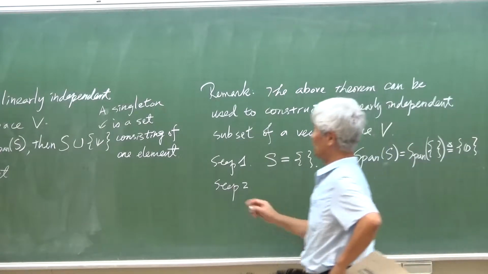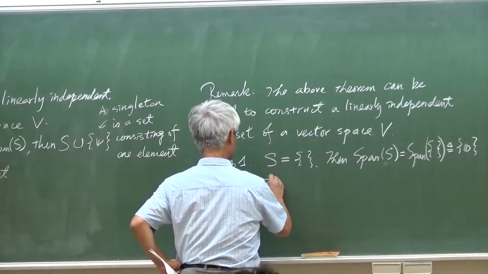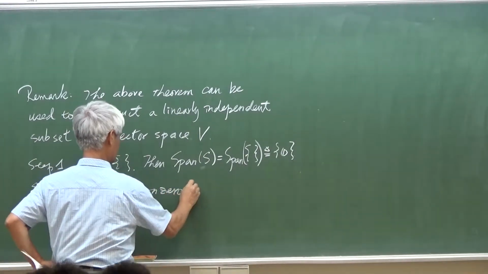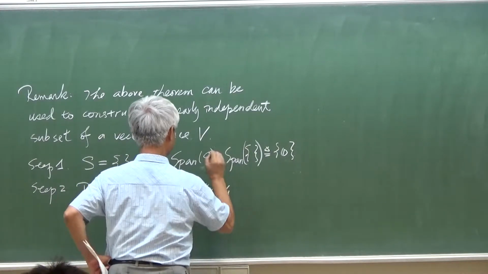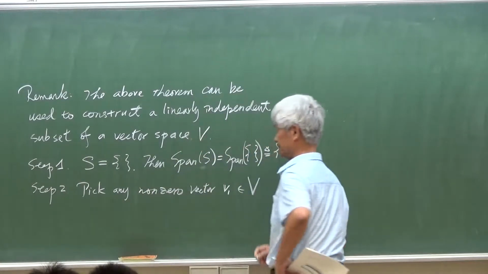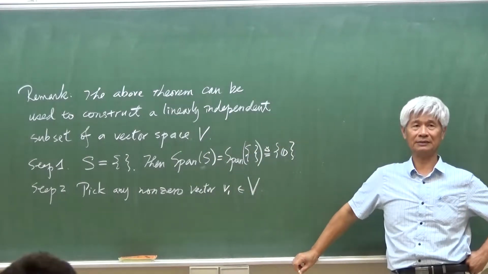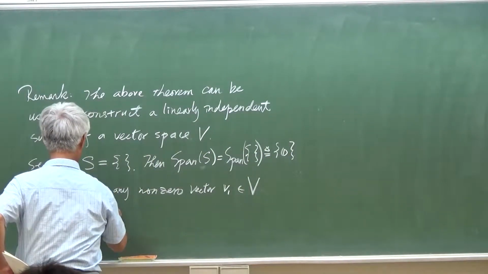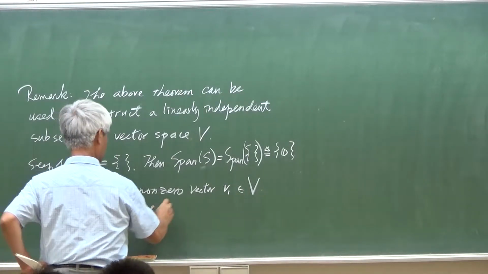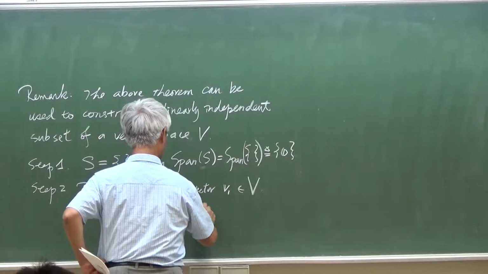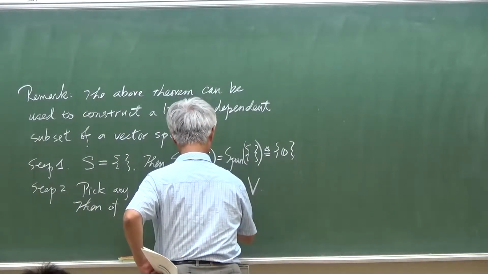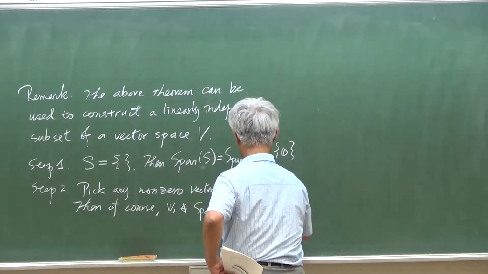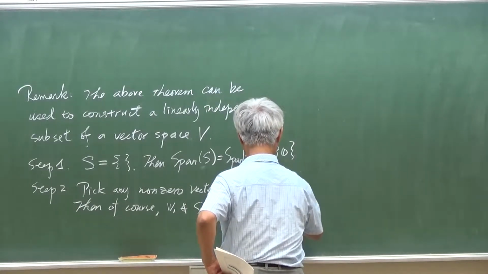Now with that, we pick up any non-zero vector v1 in the space V. Then, of course, v1 is not in the span of S, which is just the span of the empty set.